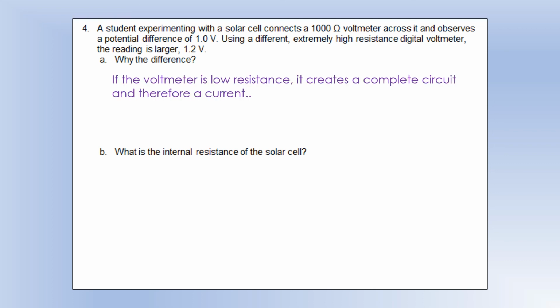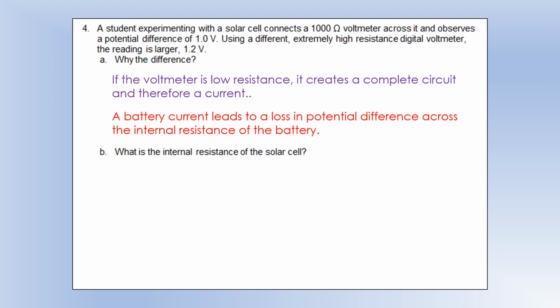So with the low resistance voltmeter, we've created a circuit where current can flow, and if current can flow, we're going to get a PD across the internal resistance, decreasing the terminal voltage. And we can actually use these values to work out what the internal resistance is. The general equation linking this is EMF equals terminal voltage plus current times the internal resistance.